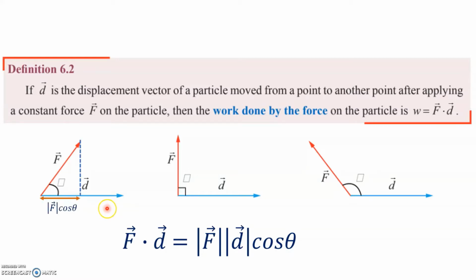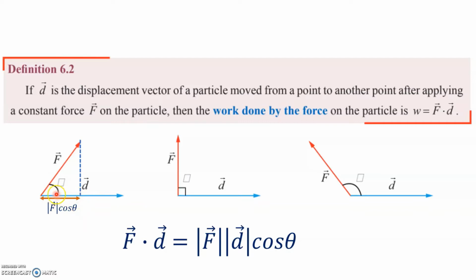We know that the dot product F dot D is given by the magnitude of F, magnitude of D into cos theta, where theta is the angle between F and D. What we're actually doing is looking at the impression that the force F will make on the line, which is on the vector D. We can call this the impression magnitude, and it can be measured using cos theta.